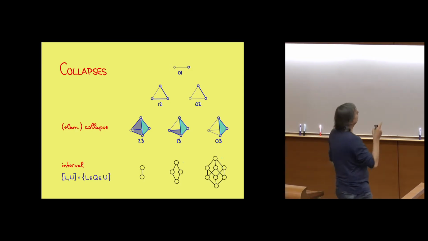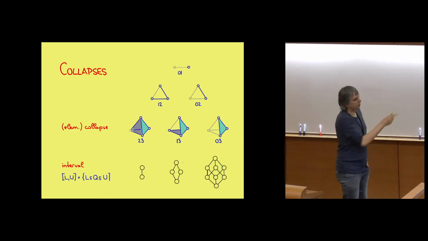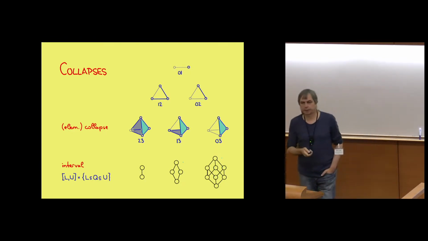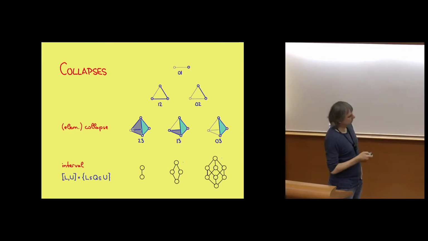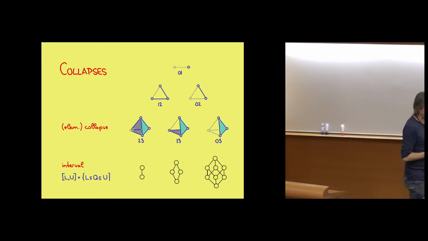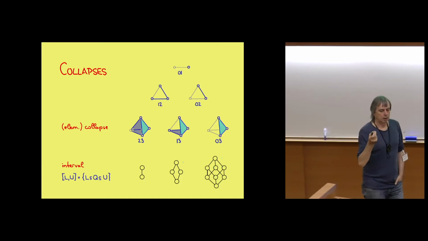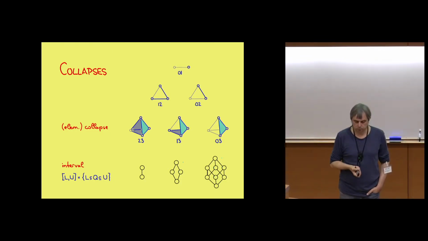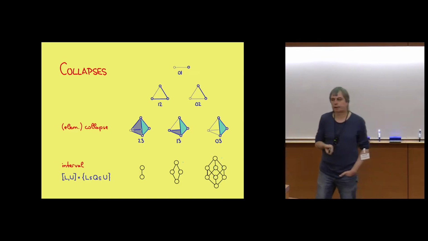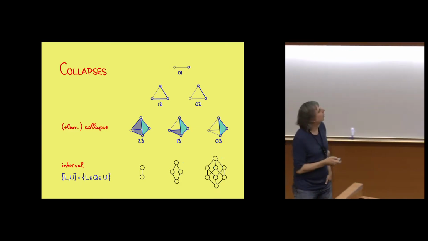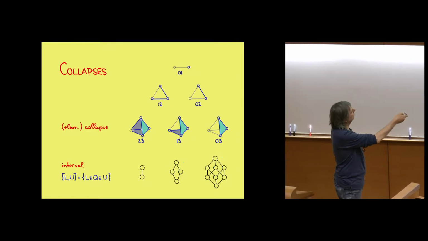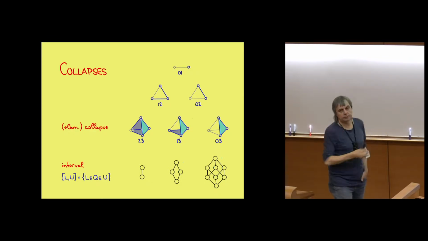What's useful for that is to draw it more abstractly. So I would like to introduce the notion of an interval. An interval is a small set of simplices, namely exactly the simplices that are removed in a collapse. Let me explain the drawing. Each node is a simplex.